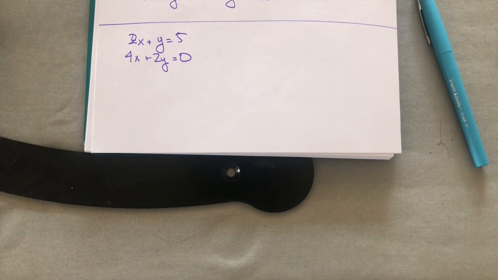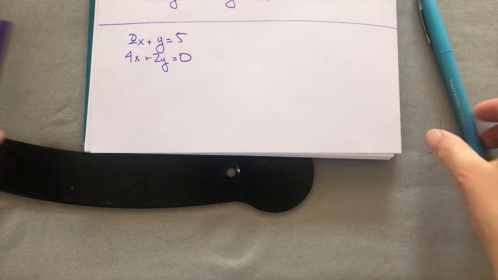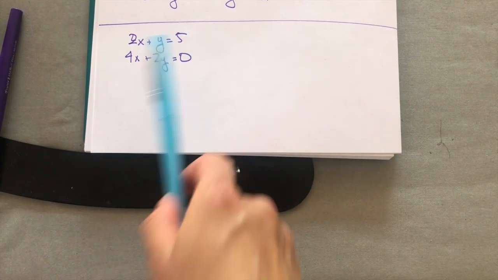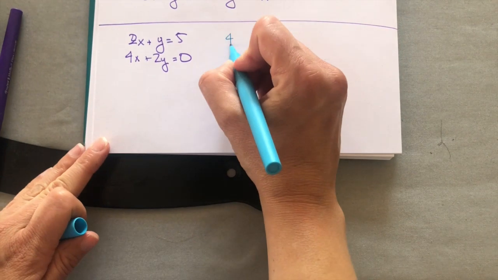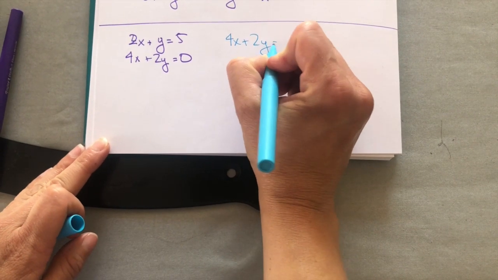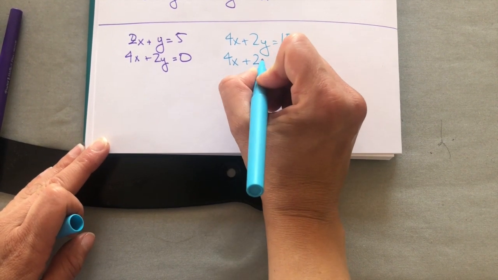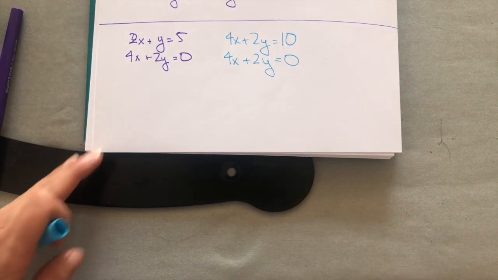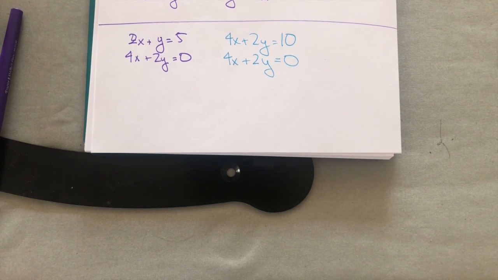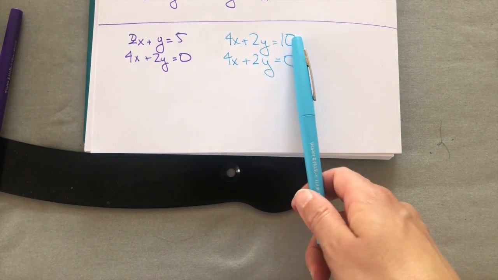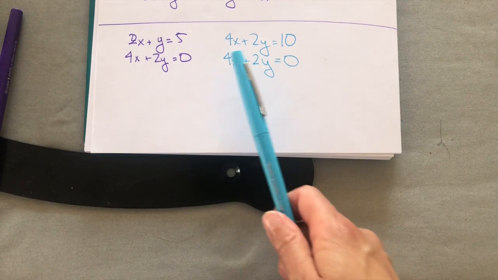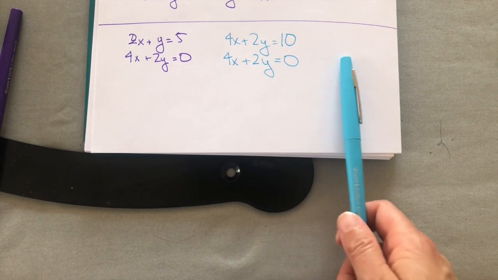So what might this look like if we're solving using the elimination method and we have two equations that are both in standard form? So if I were to solve this equation, I would probably multiply this top equation by 2 and leave the second equation alone. So I can see here I have 4x plus 2y equal to 10, and I also have 4x plus 2y equal to 0.